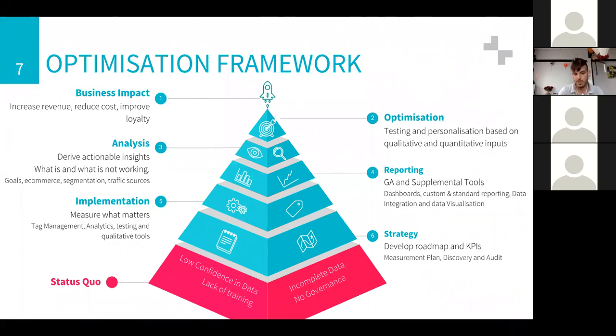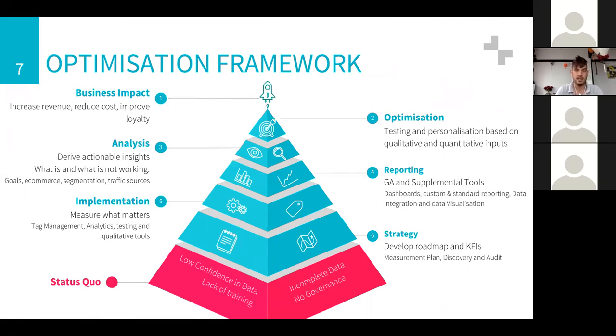So the first layer is the status quo, the bottom pink layer. This is the current situation. Either you have low confidence in your data, or you are lacking training, or you have missing data, or you don't have a real strategy. So the first thing that you have to do is come up with a strategy, develop the roadmap, define your business objectives, define your KPIs, key performance indicators, your targets, and put in place your measurement plan, everything that matters to you.